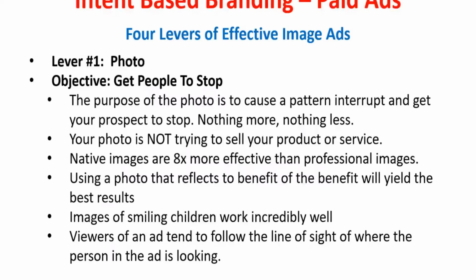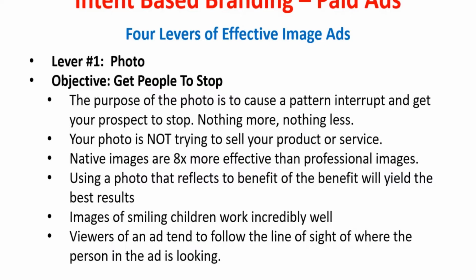But if you are going to use images of people, which you should, be very, very aware of where the eyesight of the person in the photo is leading to, because we've used heat tracking software and eye tracking technology that shows where the viewer of an ad's eyes go, what they're paying attention to on the screen. And what we have found is that when someone is looking at an image of a person, the viewer's eyesight tends to follow the line of sight of wherever the person in the image is looking, right?